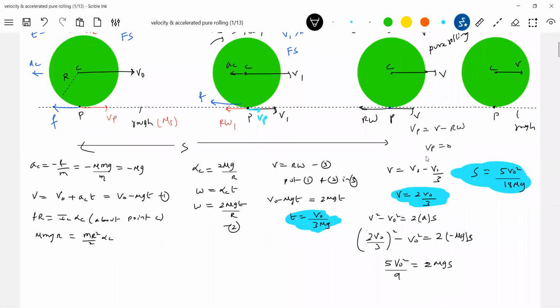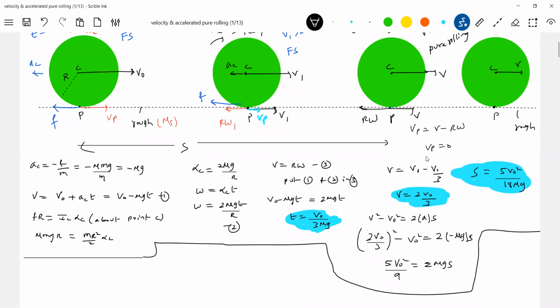Now we'll go for the work done idea. Translational work done by the friction is the change in translational kinetic energy: final kinetic energy m v square by 2, initial m v naught square by 2.